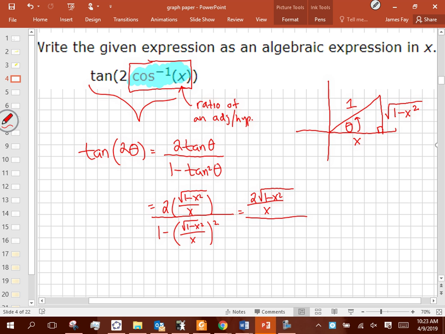The bottom fraction, I want to condense these. So first thing I'm going to do is just apply this power of 2. When I apply that power of 2, that's going to cancel, right? It's going to leave me this to be squared. So if I wanted to do the subtraction of this stuff, I'm going to have to write this as x squared over x squared, right?